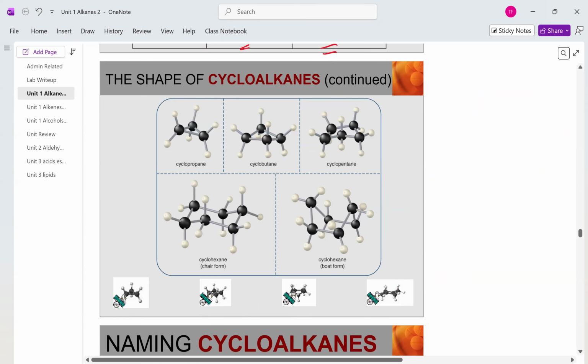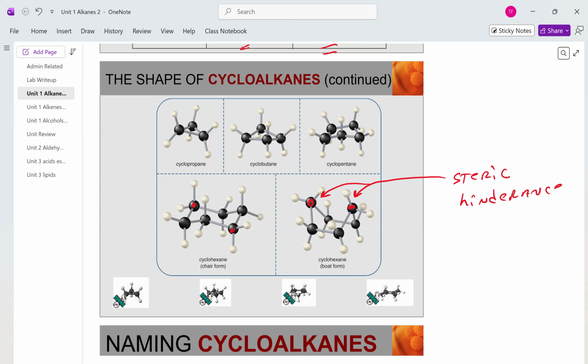Cyclohexane can be in two forms. We talked about this Monday, where this methyl and this methyl are close together, and then this methyl and this methyl. Those are the same carbon numbers. Because these are closer, we get steric hindrance.